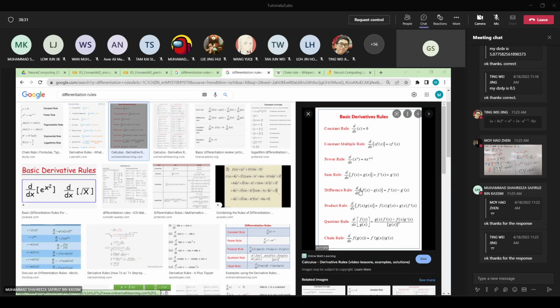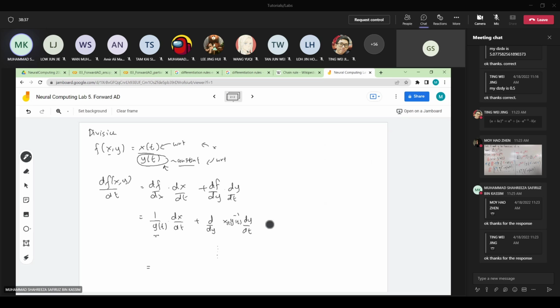I'm not going to show this, so you need to verify this yourself. You get the numerator divided by the squared term, y of t squared. So this is division. Now let's come to our problem here.